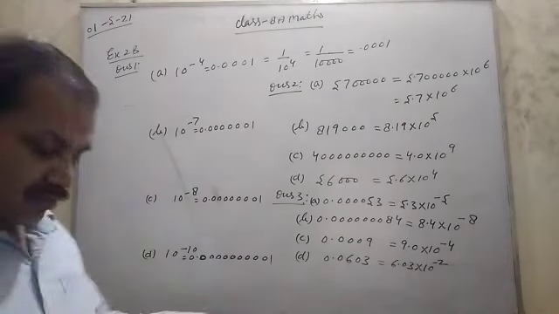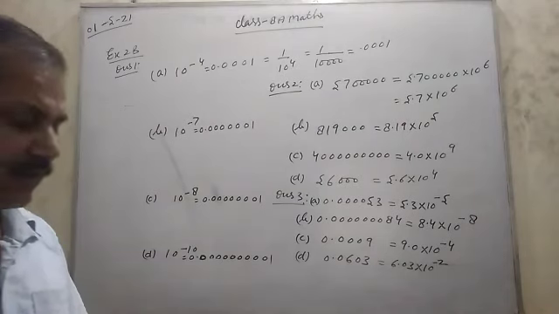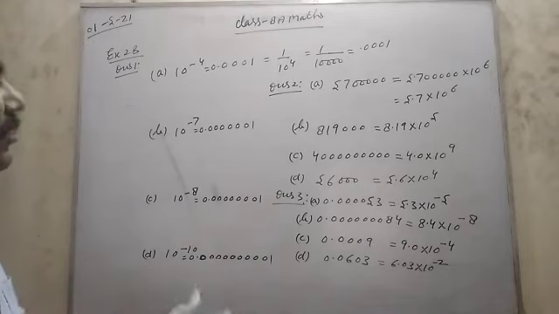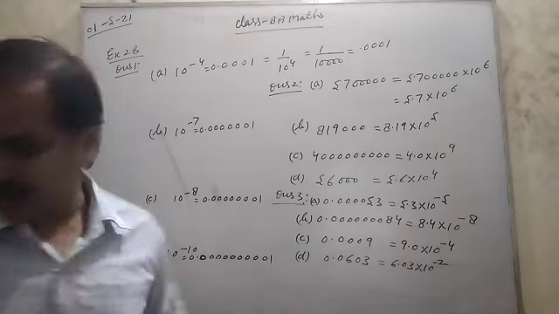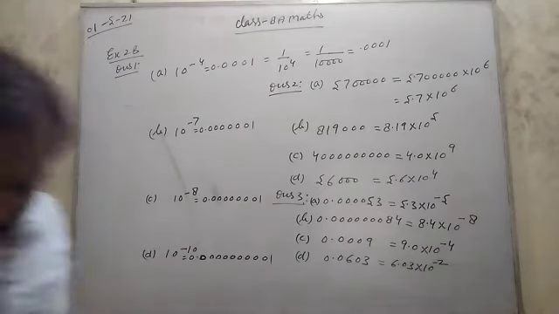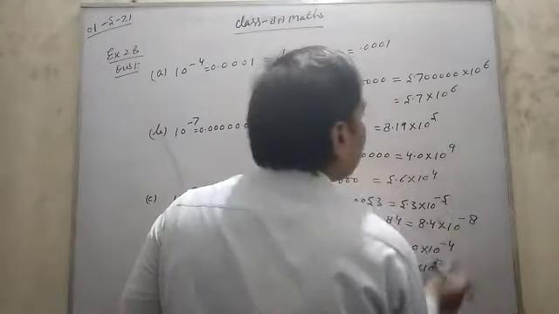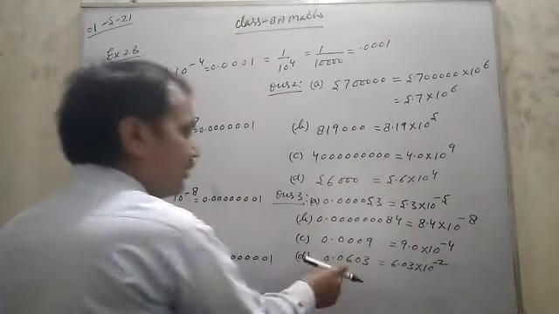Okay. So questions 2 and 3 are completed. Then questions 4 and 5 are the opposite of this, meaning the numbers are given in these forms and you have to write them in these forms. Okay.